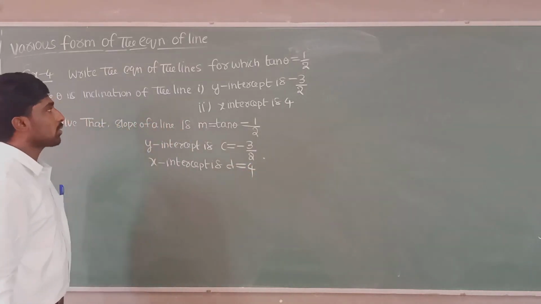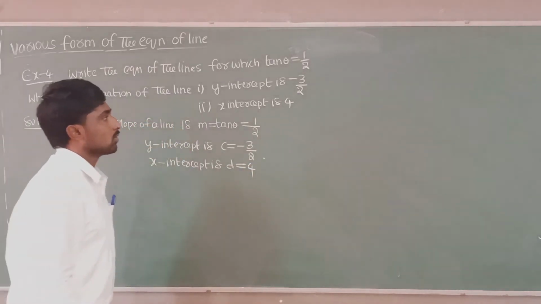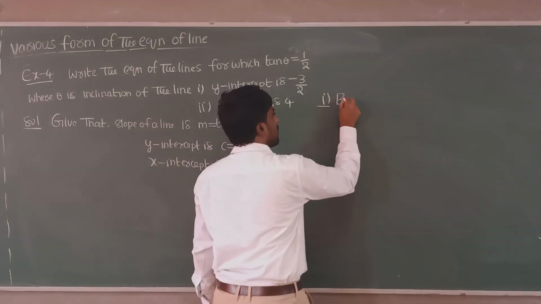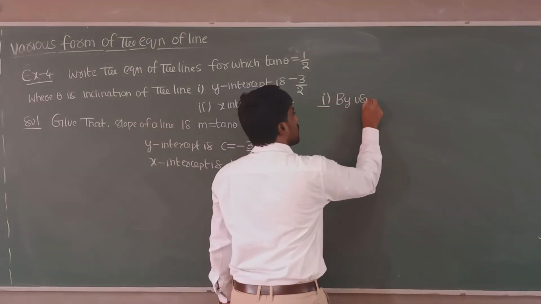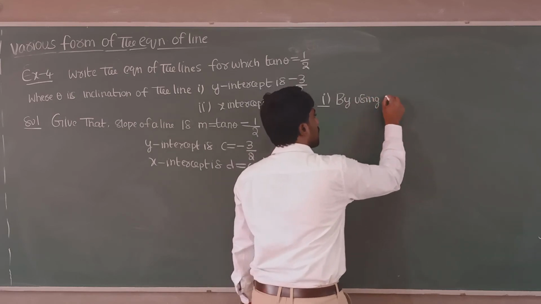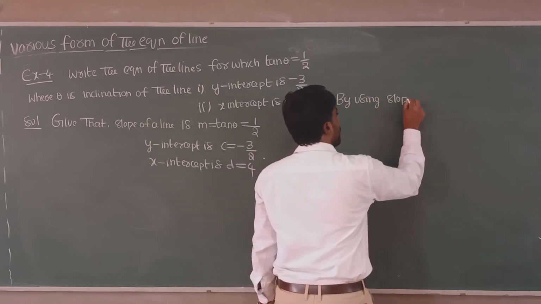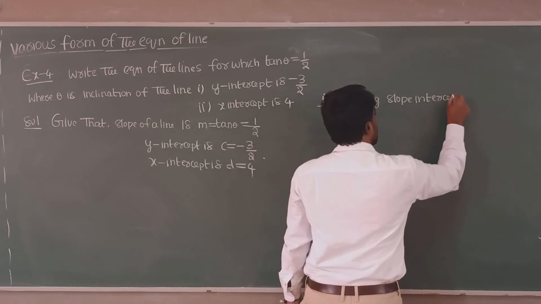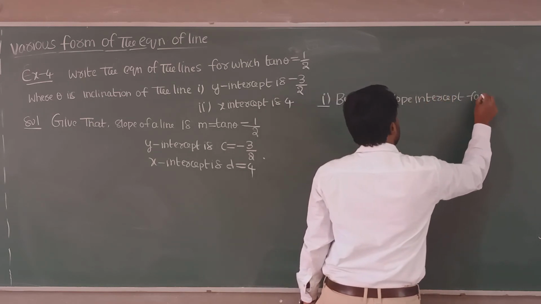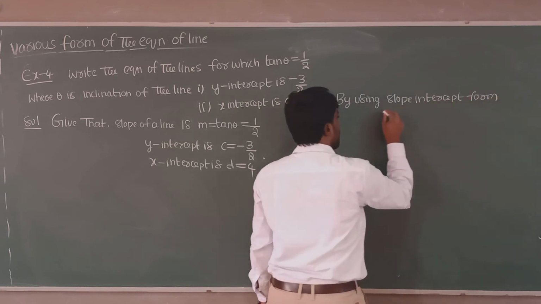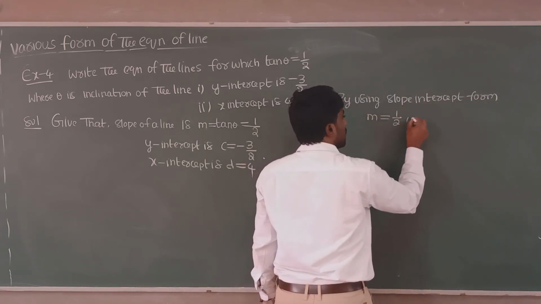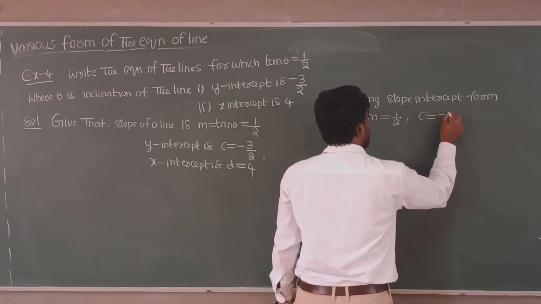They are asking the first problem and the second problem, so you can take it here. So the first problem is by using the slope intercept form. What I will get here: m equals 1 by 2 and c value is minus 3 by 2.